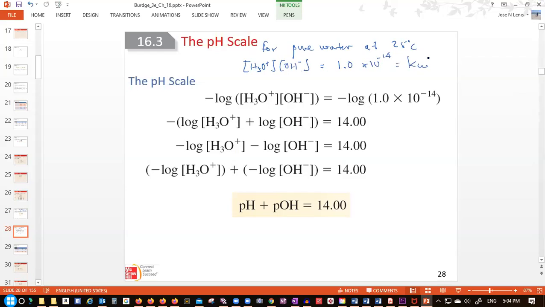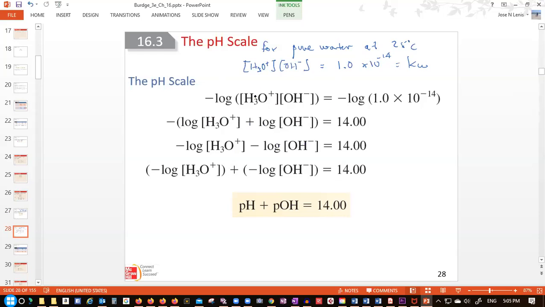We apply negative log on both sides. Since this is a multiplication, we can do that, and there's a property of logs that will be negative log of the concentration of H3O plus, plus negative log of the concentration of OH minus.